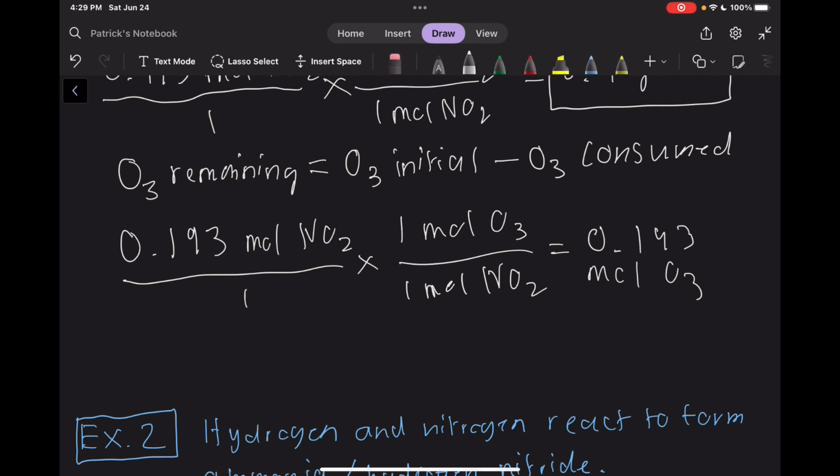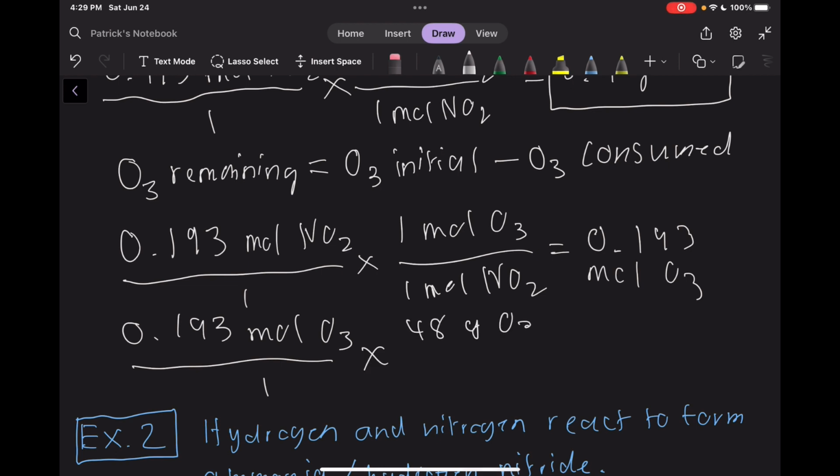We can convert 0.193 moles of ozone into grams pretty easily, multiplying it by 48 grams per mole to obtain about 9.3 grams of ozone.